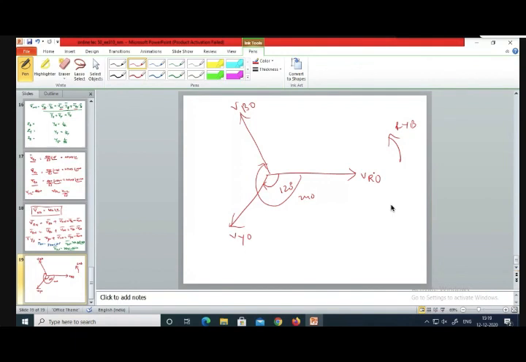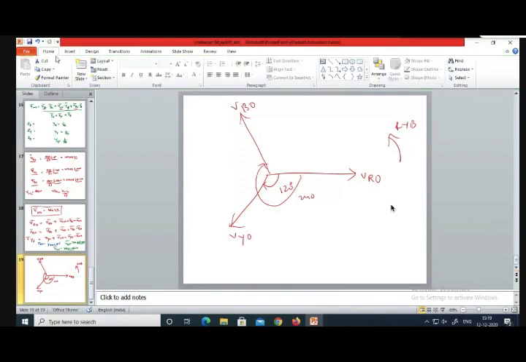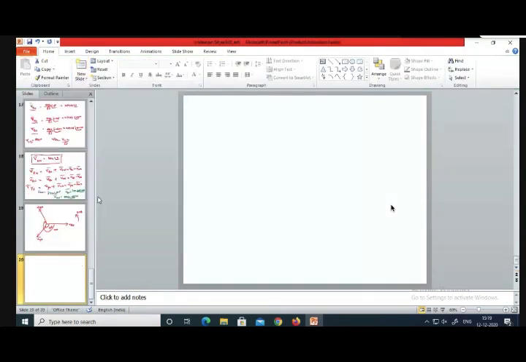I'm plotting the phase voltages, since I don't have currents. Now you can plot the phasor diagram on the load side. That means you'll be plotting VRN, VYN, VBN.